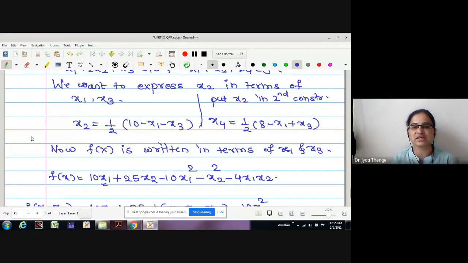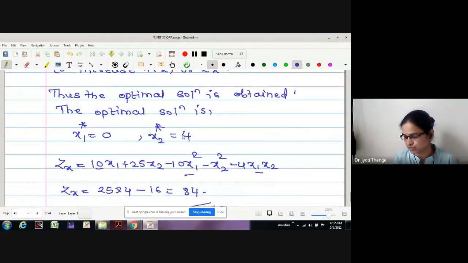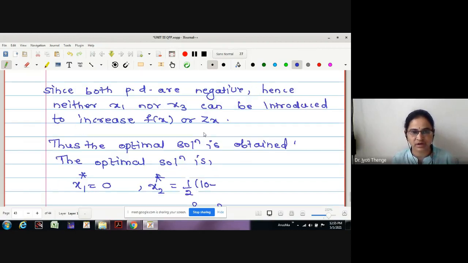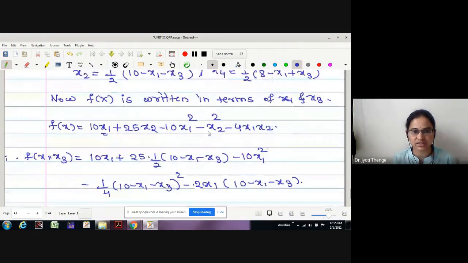What is the value of this basic variable? x2 I have to calculate, putting x1, x3 as 0. x2 star is not 4. It is half of 10 minus x1 minus x3.